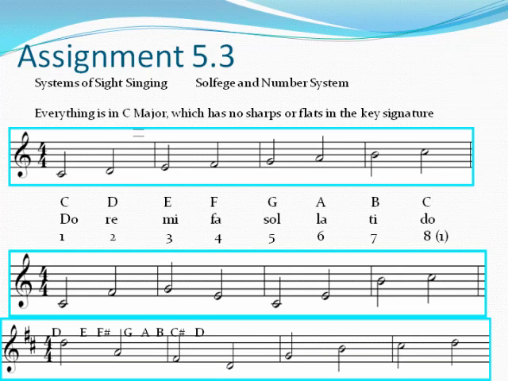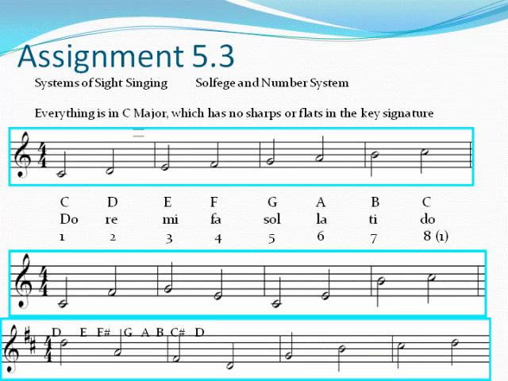Okay, so what you're asked to do in this exercise 5.3, you are asked to transfer the notes to either the solfege system or the number system of sight singing. I've already told you that this is in C major, so you know there are no sharps and flats, and you're using the C major scale.